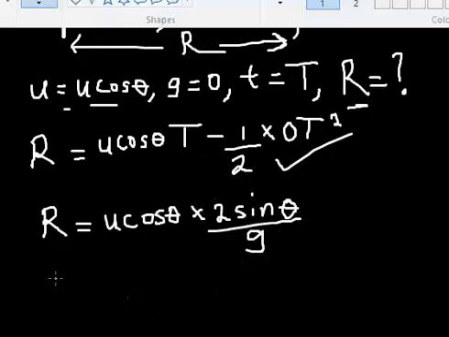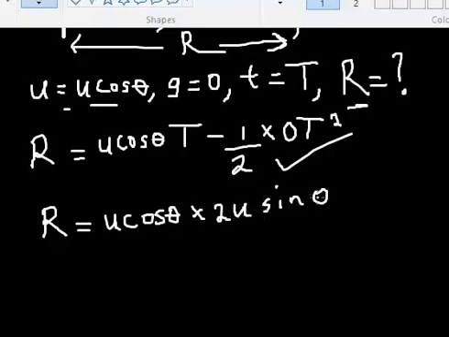So now with what we have, this is going to be 2U sine theta all over G. So now U multiplied by U gives me U squared.